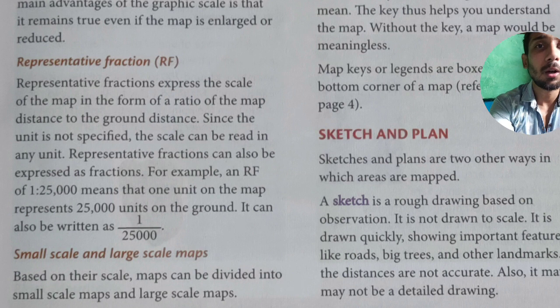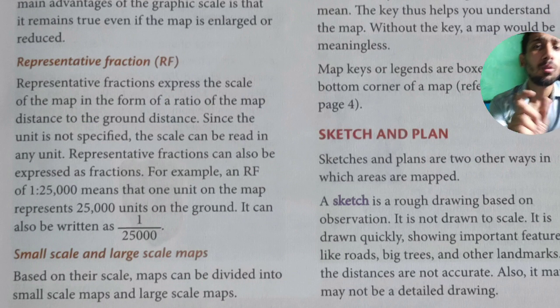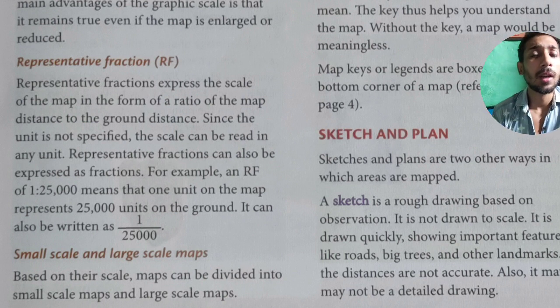I mean, in the representative fraction the unit is not specified and the scale can be read in any unit. Okay, any unit you can use to represent the scale, and the representative fraction can also be expressed as a fraction. Like RF of 1:25,000 means 1 unit of map represents 25,000 units on the ground. Okay, so these are the ratios which are told in the representative fraction.